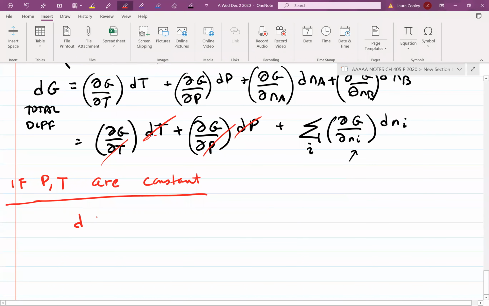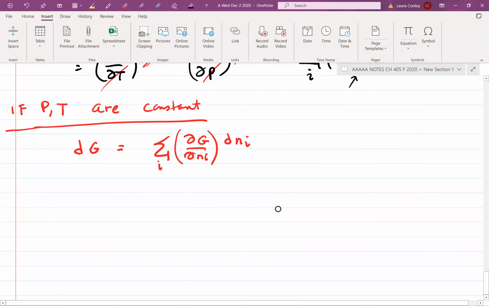And we end up with the total differential dG being the sum of dG/dNi, how G changes with the moles of each one of those players in the reaction, times the change in the moles of that reactant or product.